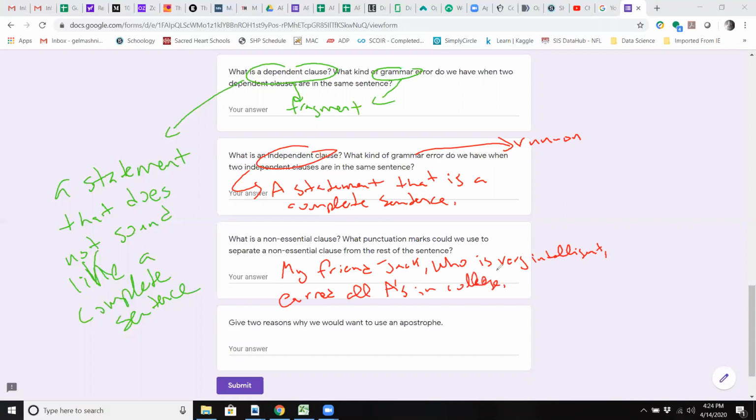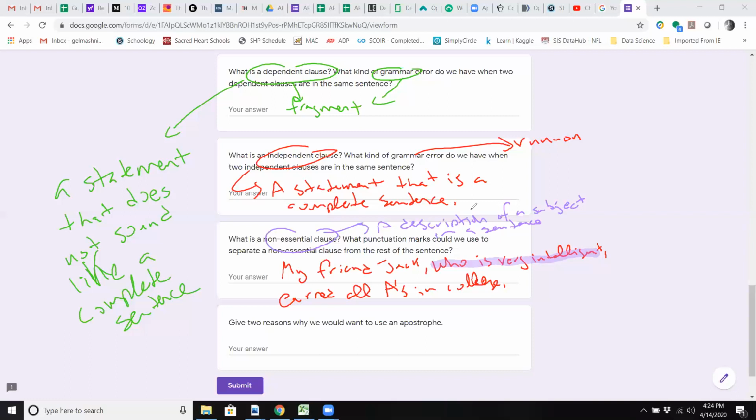So the middle phrase there, I don't need it. Like if I said, my friend Jack earned all A's in college, I'd be fine. But having that phrase in the middle helps a little bit, just to give a little bit more information. That's what a non-essential clause is. It's a description of a subject in a sentence.